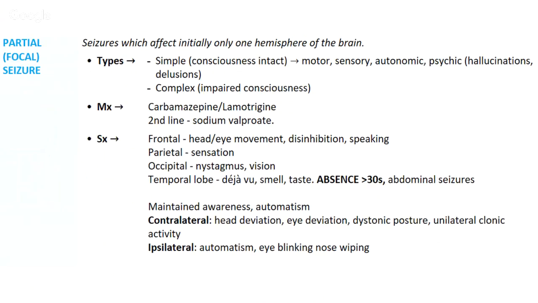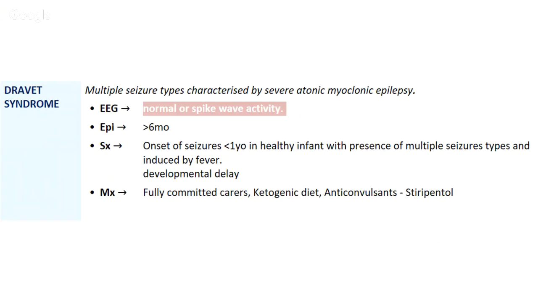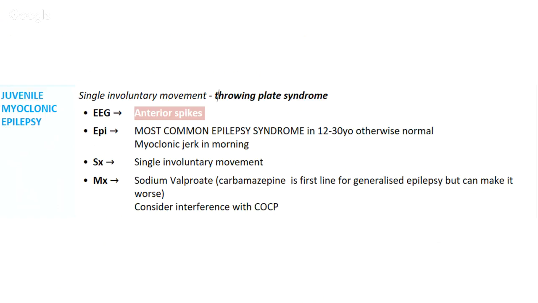Partial focal seizures could range over many different things depending on where the actual focality is, so just keep that in mind. Dravet syndrome is important because this is multiple seizure types. And juvenile myoclonic epilepsy, so this is the thing: he has a single involuntary movement, which is why the answer to that first question was not this.